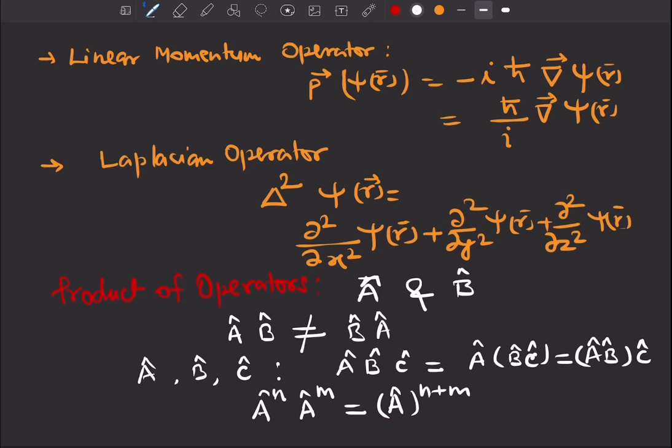When the product AB operates on a ket psi, the order of application is very important.